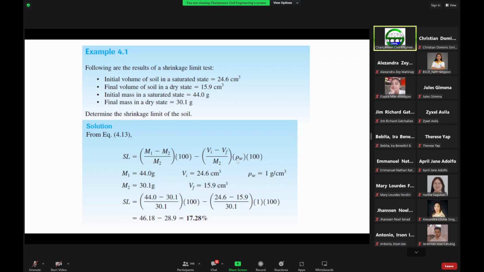Then we multiply by 100 to convert to percentage, wherein the density of water is equal to 1 gram per cubic centimeter, since here the units are grams and cubic centimeters. Substituting these values into the formula, we get the shrinkage limit, which is 17.28%.